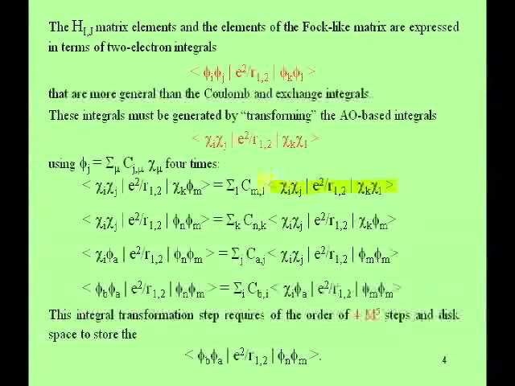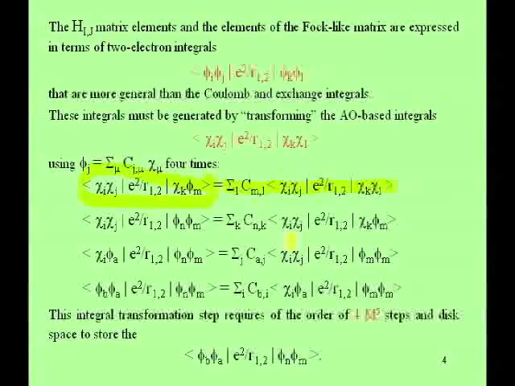It takes, for example, the last chi sub L, multiplies through by c M L. M is going to be an MO index, and L is this AO index that labels chi L, and it sums over L. So the do loop here would be basically do I, do J, do K, do L, and do M. And there'd be a sum over L. The output would be something that has I, J, K, M as its indices, what's called an intermediate partially transformed array or integral list.